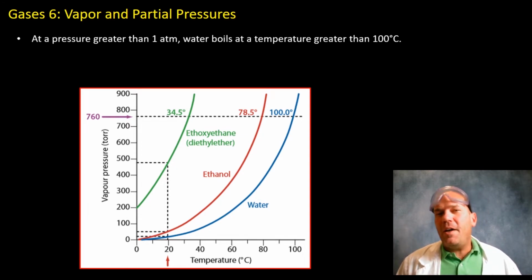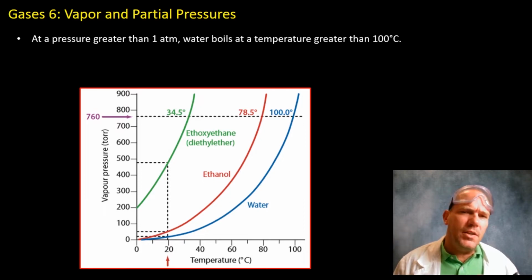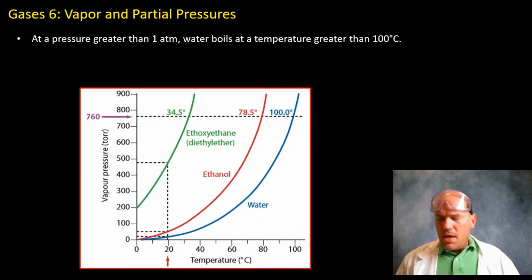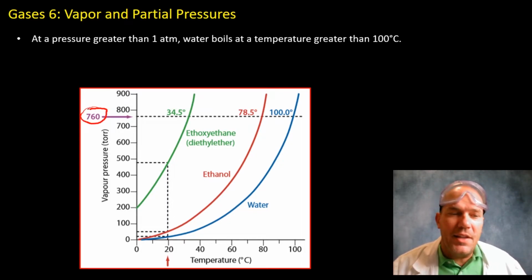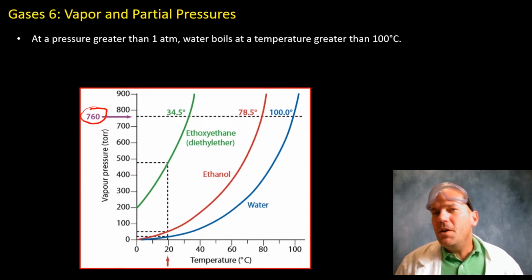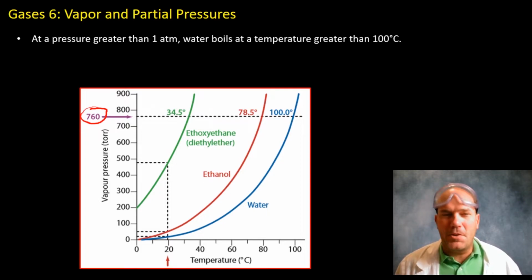So here's a graph of the vapor pressure as a function of temperature in degrees Celsius. And we see here a number that is hopefully very familiar, 760 torr, which is equal to 760 millimeters of mercury, or 1 atmosphere of pressure.